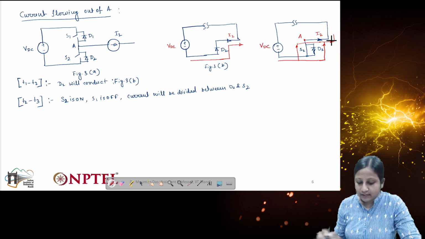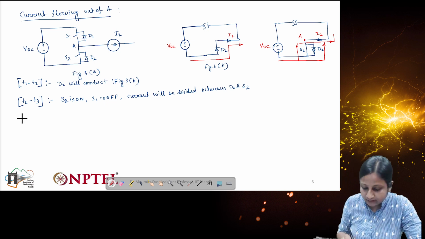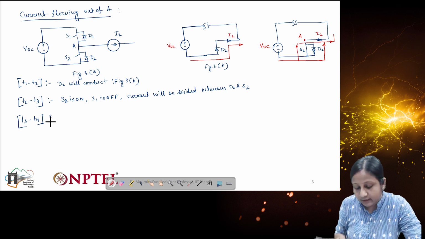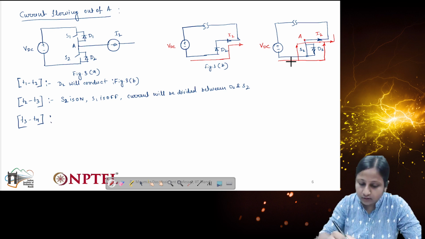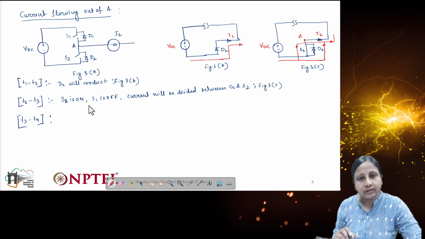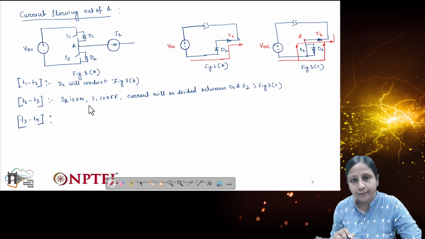Okay. Now consider the situation T3 to T4. Again the dead time is coming. Let's represent this as figure 3C. So now T3 to T4, what is happening?